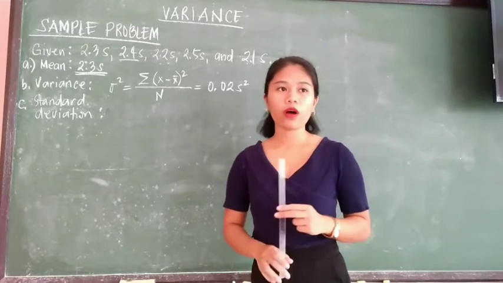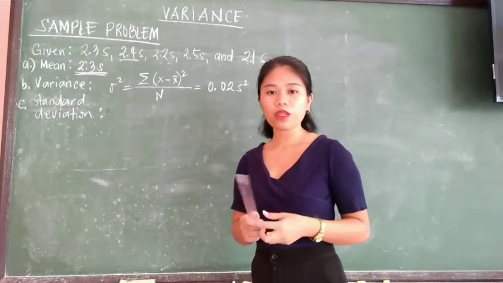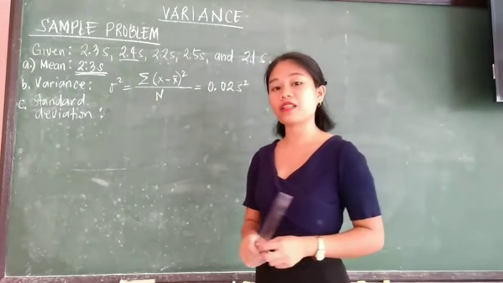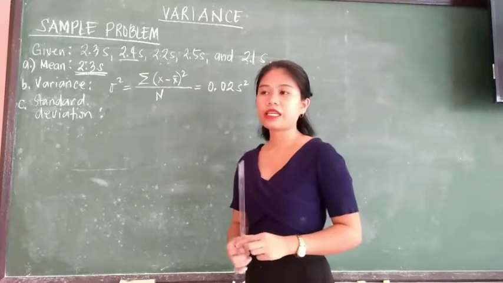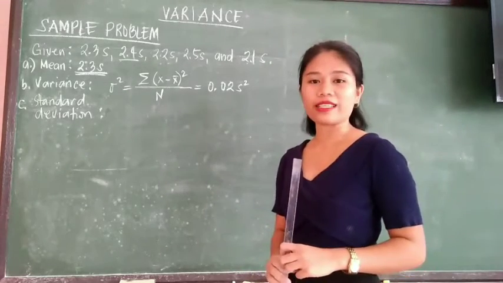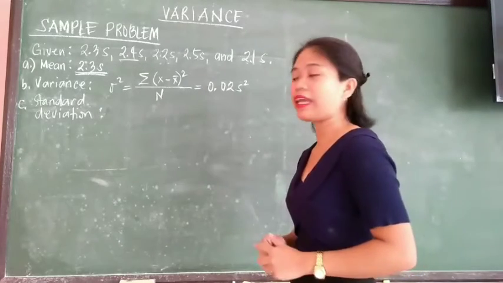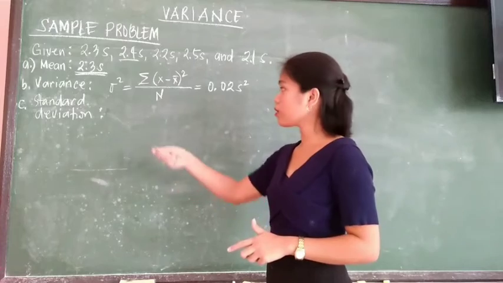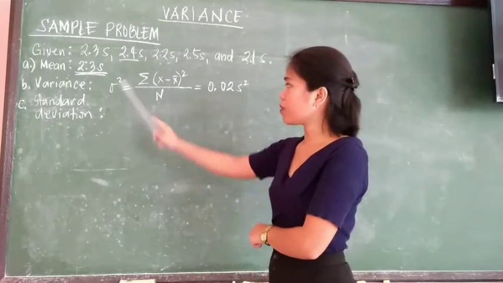It somehow represents the level of uncertainty or error in the set of measurements. It is simply the square root of the variance. It is represented by the Greek letter sigma, of course without the exponent 2.